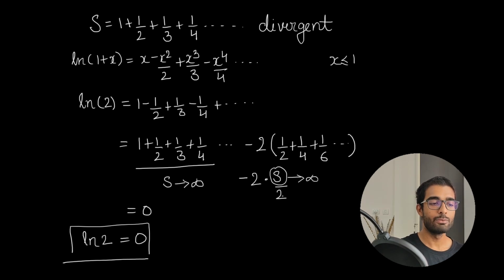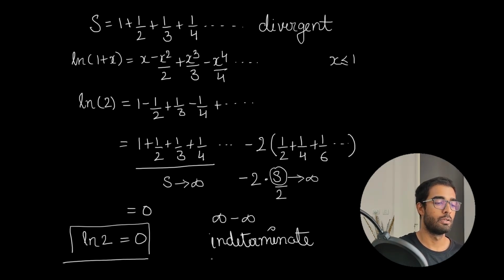Now the mistake that we are making is we are subtracting infinity from infinity. Now, if we have studied the fundamentals of calculus, then infinity minus infinity is an indeterminate form, and we cannot directly say that infinity minus infinity is 0. So this is the mistake that we are making.